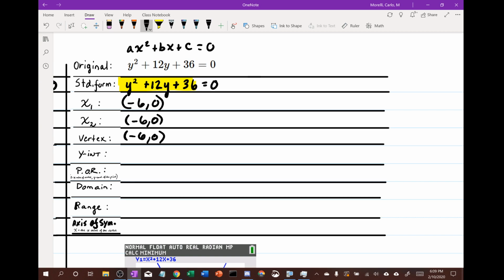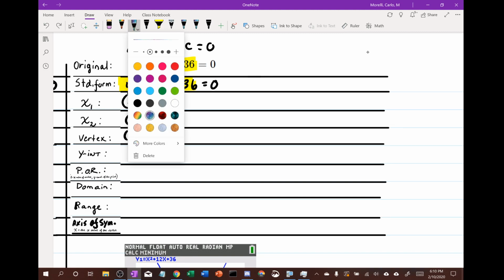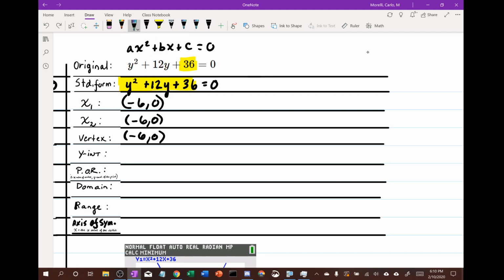Now the y-intercept, because this is in standard form, is given to us where the c value is. So c is the y-intercept. I want to make this slightly bigger. So the c value here is the y-intercept. So the y-intercept is 36, and that means it's located at 0, 36.